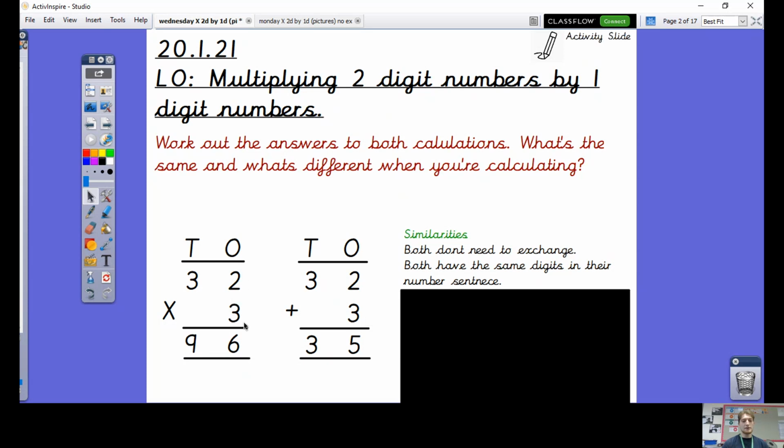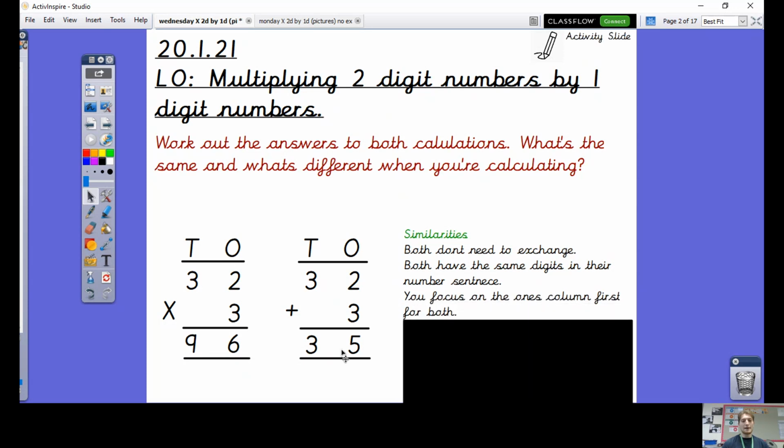The same digits are in the same place in the number sentence. For both, when you're calculating, you always focus on the ones column first. So you remember I timesed 3 by 2 first, and I added 3 and 2 together first.